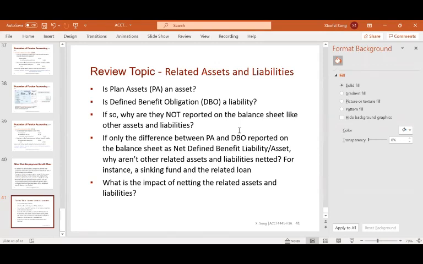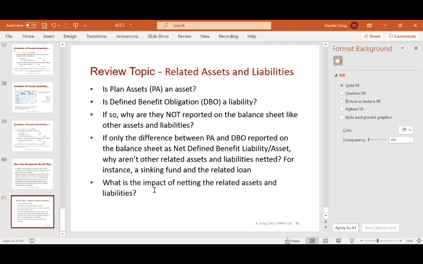This netting is not done pretty much anywhere else. A very similar example would be the sinking fund. You have a loan that you borrowed, and towards the end, when the loan is approaching its retirement, with the sinking fund you have to put money aside to pay that loan. You're required to, and the money you put aside is earmarked for the loan payment.